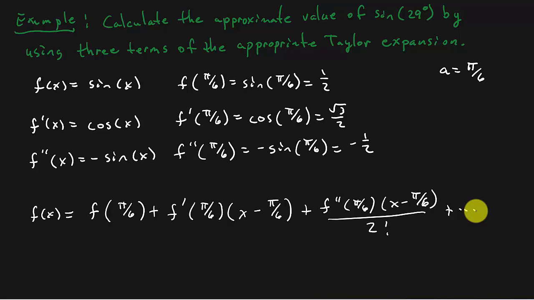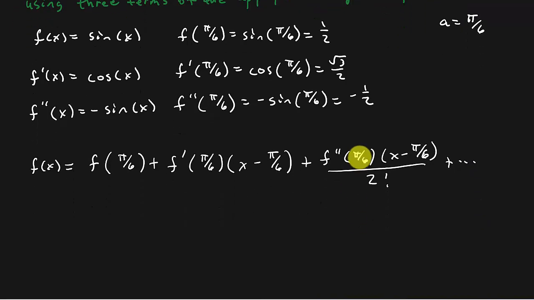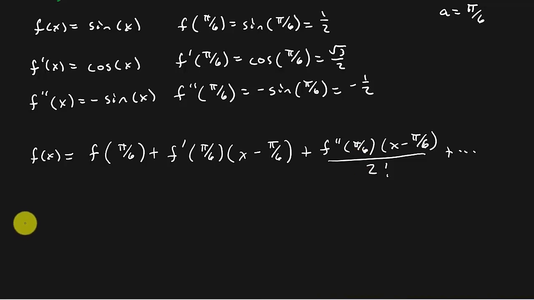So now let's plug everything in. And so I'm going to get sine of x is f of pi over 6, which is 1/2, plus f prime of pi over 6, which is square root of 3 over 2. Wrote that backwards. Square root of 3 over 2 times x minus pi over 6.